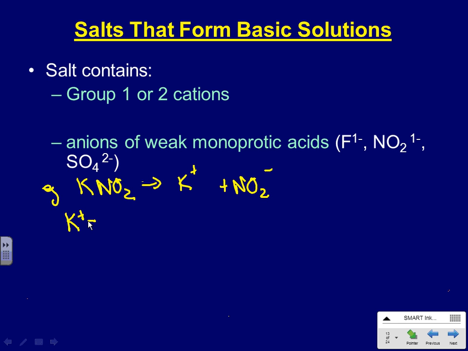The K is going to come from KOH. We have to be thinking that way. The only way it can be an acid or a base is to come from KOH. KOH is one of those ionic ones that dissolve like crazy, so that's strong. So what is K? Super weak conjugate acid. Spectator, no hydrolysis.